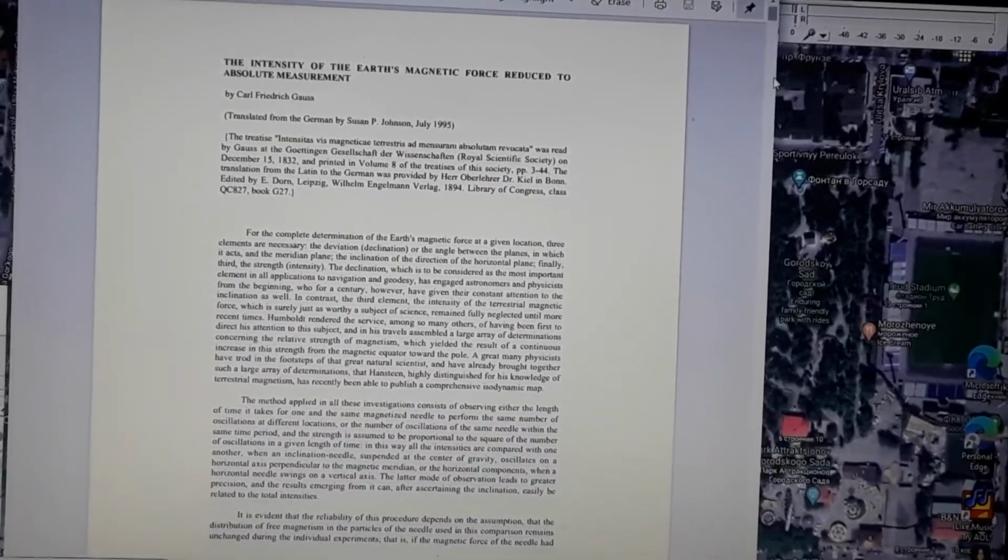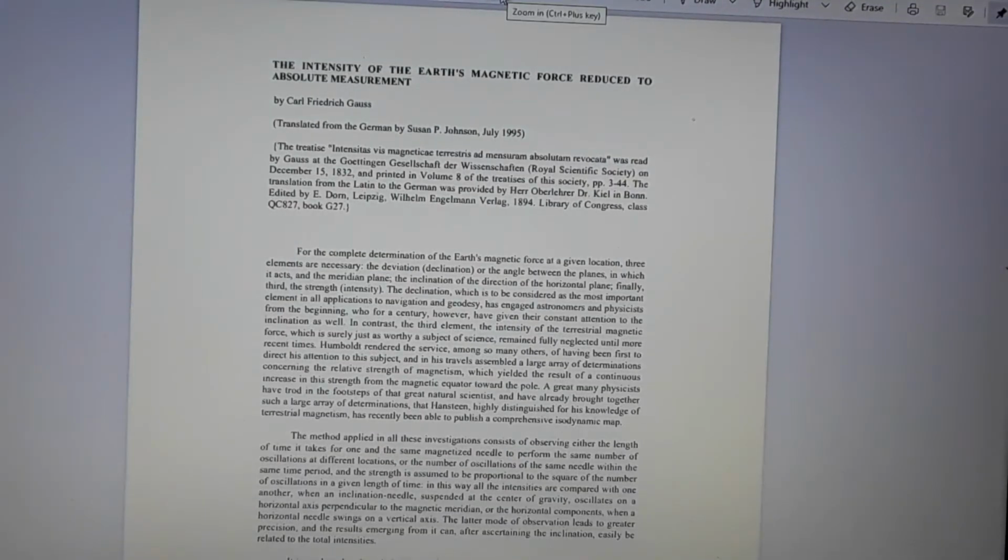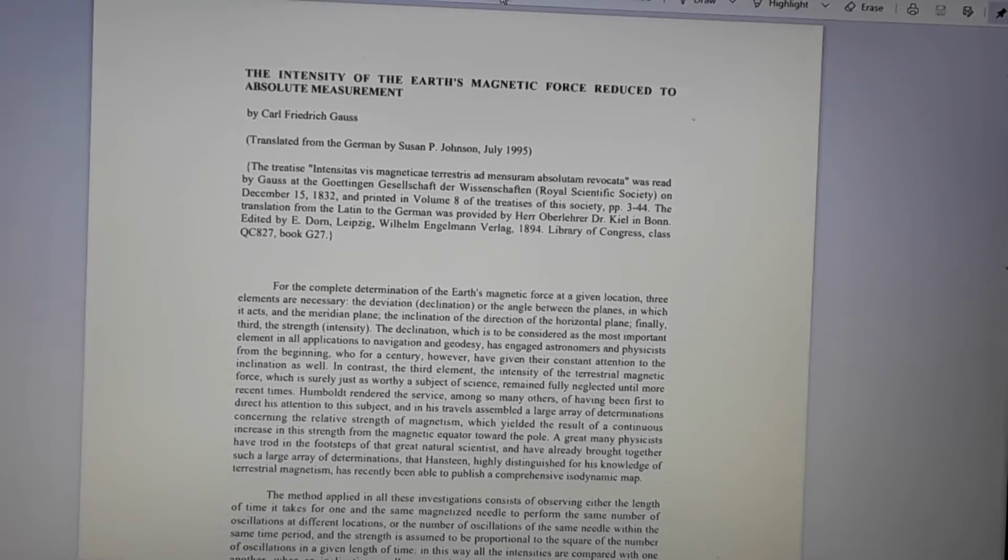Okay, I'm back. I've got like 3 minutes to explain this. It's 30 pages, I'm not going through all of it, but this was written by Carl Friedrich Gauss. He's the one they give the credit to, the father of the magnetometer.